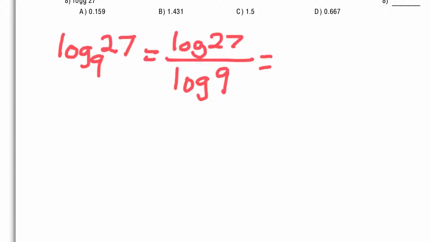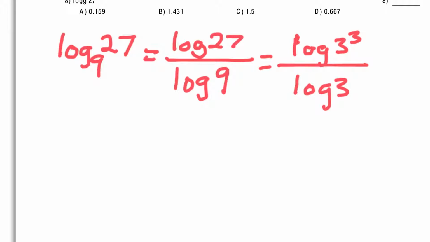Now the log of 27 is also the log of 3 to the 3rd power. And the log of 9 is also 3 to the 2nd power.